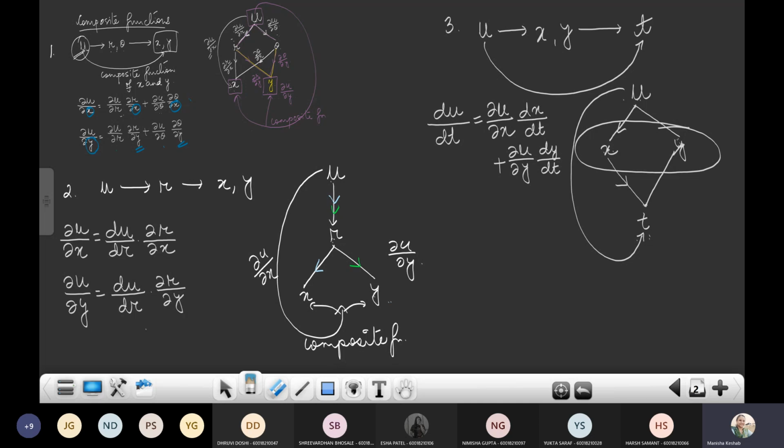In intermediate values, intermediate variables, we are using r and theta because r and theta both depend on y. Similarly, here when we have x, here also we have x. There is no y term coming in this because x and y both are independent. Similarly, here also when we have y, here also we have only y. Same way here we are differentiating with respect to t, so in this case we have dx dt and dy dt.